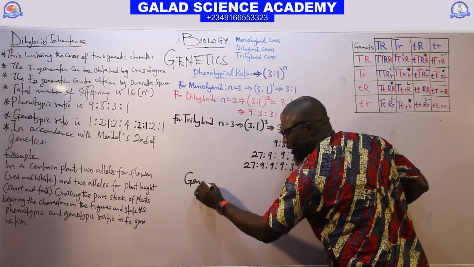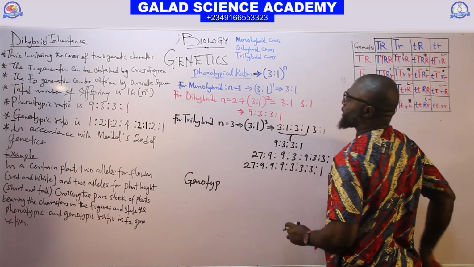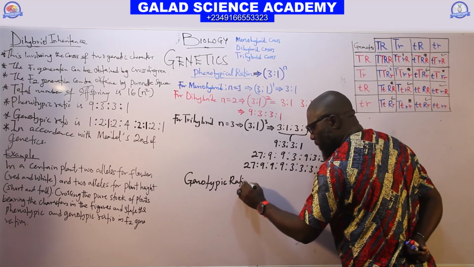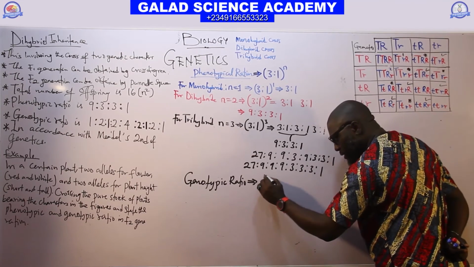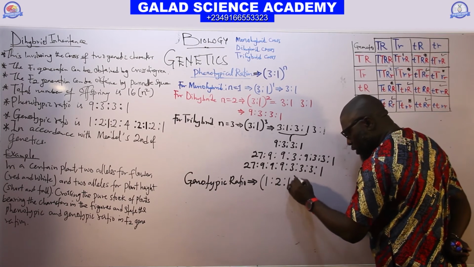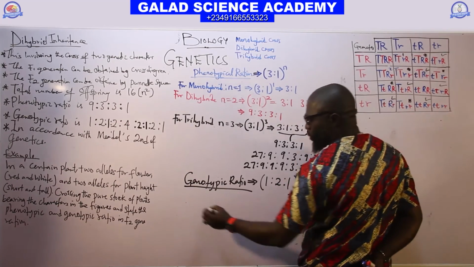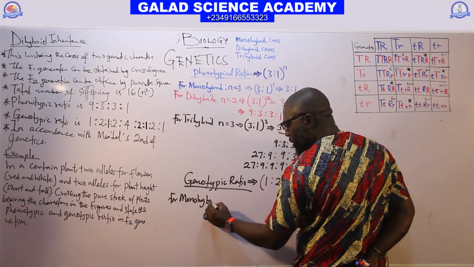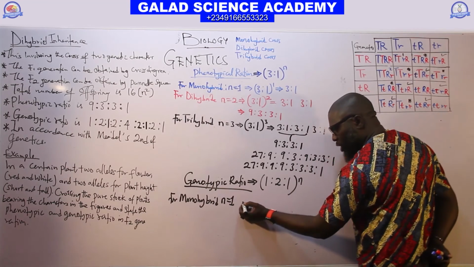The formula for genotypic ratio is 1:2:1 exponential N. So for this one now, let us look at monohybrid. Our monohybrid N is 1. Let us put it here.